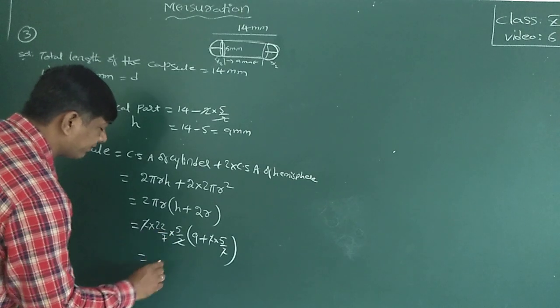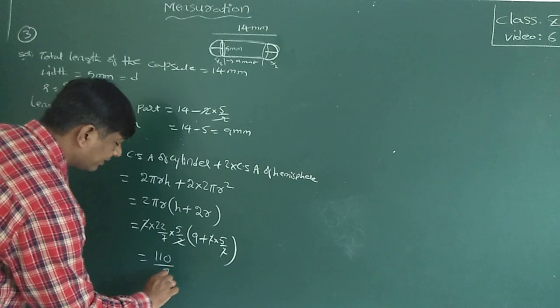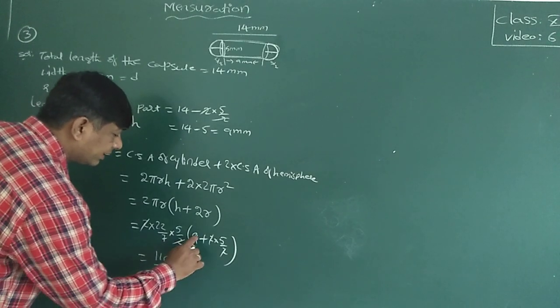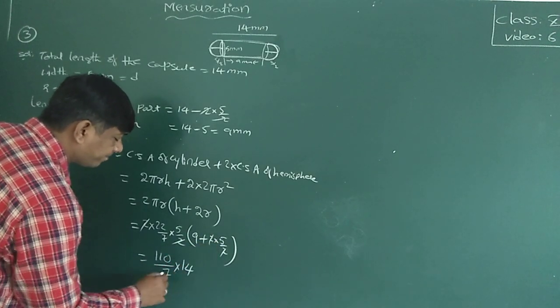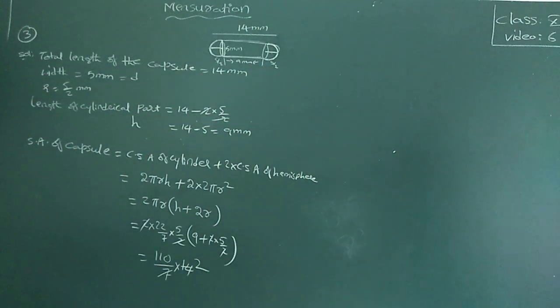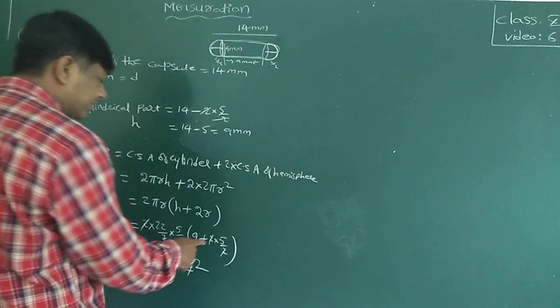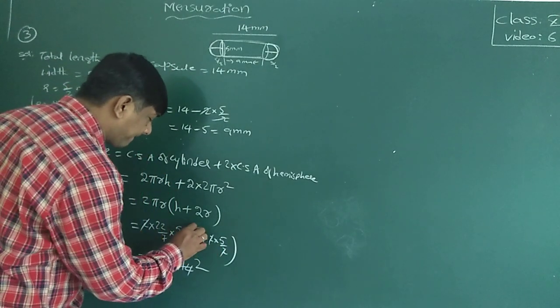That is equal to 22 5s are 110 by 7 into 9 plus 5 is 14. 7 2s are 14. Is it visible to you?